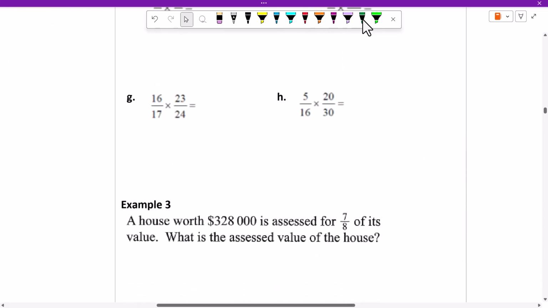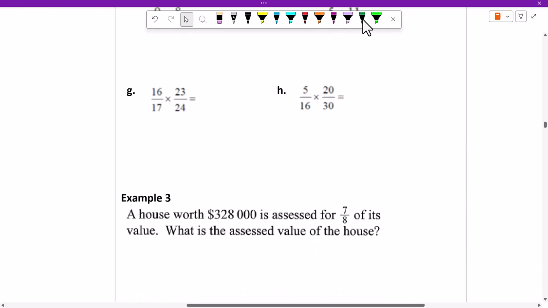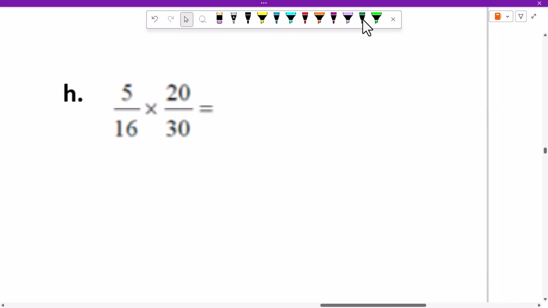Let's do H. All right. Now, there is no one right way. You're picking pairs. You may see one pair before I see a pair, right? But if you keep on working with all your pairs, you will end up with the same answer. So looking at this, do you see any top-bottom pairs?